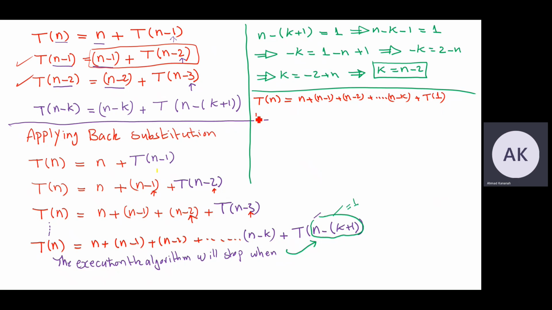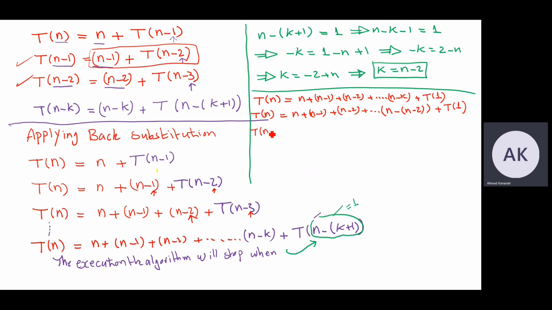So T of n equals n plus n minus 1 plus n minus 2 plus, what is the value of k? n minus 2, plus T of 1.